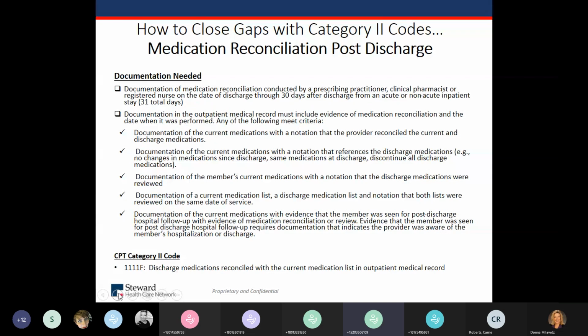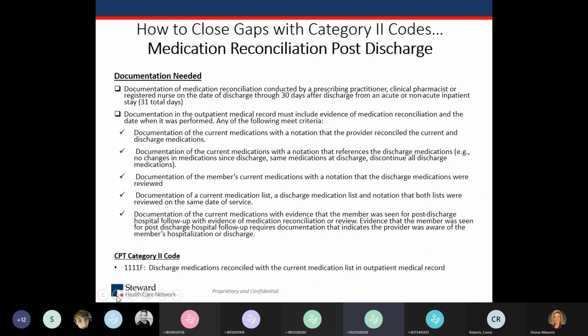Finally, medication reconciliation post-discharge. If you have a patient that you have discharged from an inpatient stay, from an acute or non-acute inpatient setting, if there's documentation provided by the prescribing practitioner, clinical pharmacist, or registered nurse, anywhere from the date of discharge through 30 days after discharge, that will help us close a gap in care.